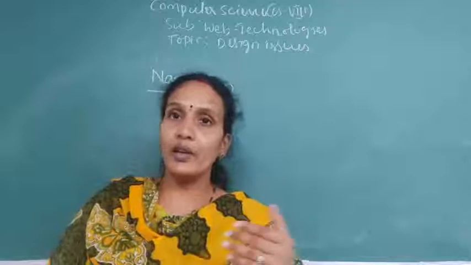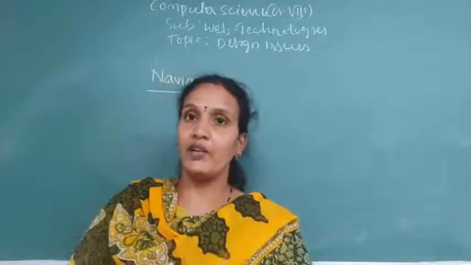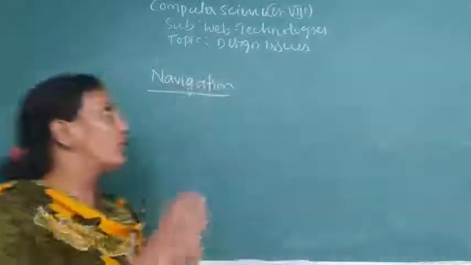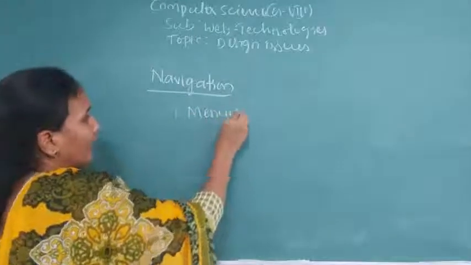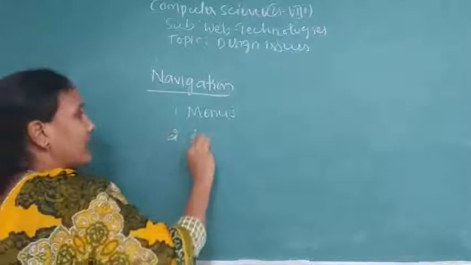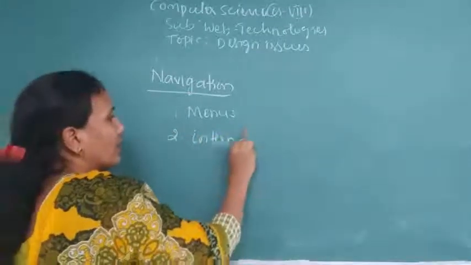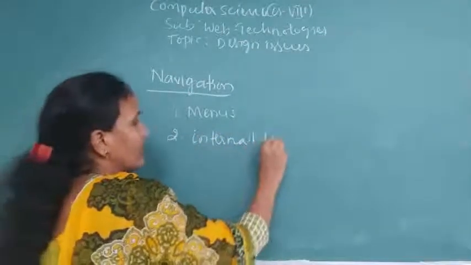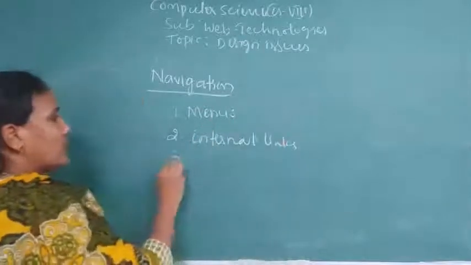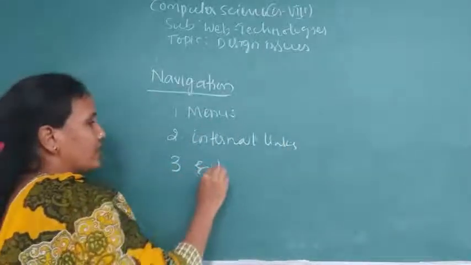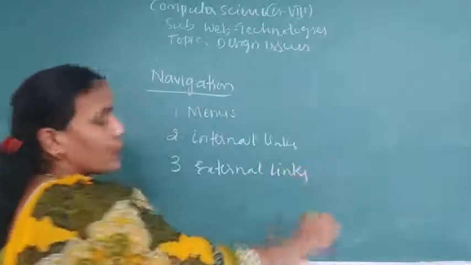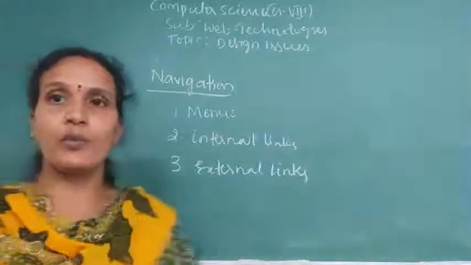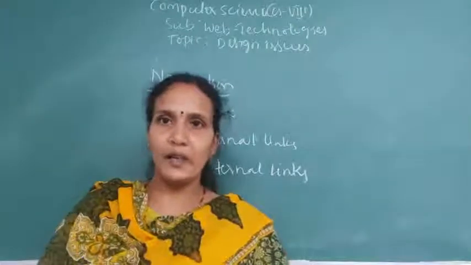Where can you give the points for navigation? The first one is menus, the second one is the internal links, and the third one is the external links. Using these three things, you can provide navigation between pages.